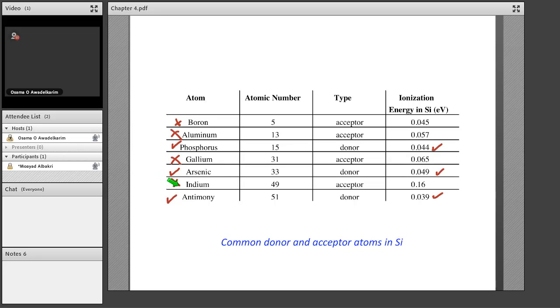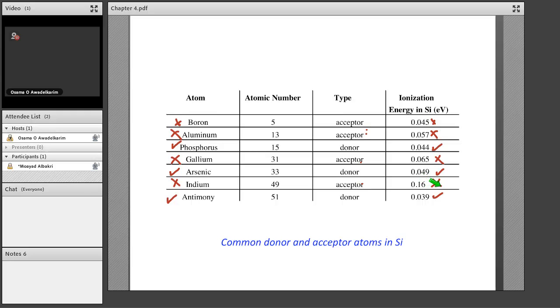All of these are acceptors, acceptor atoms or acceptors, and they need very little energy to create a free hole. So again, the energy is very little, very much smaller than the band gap.